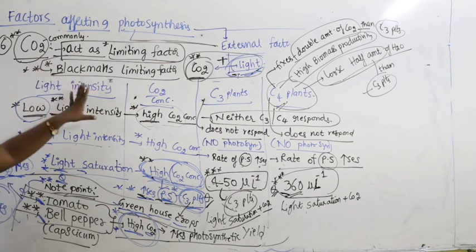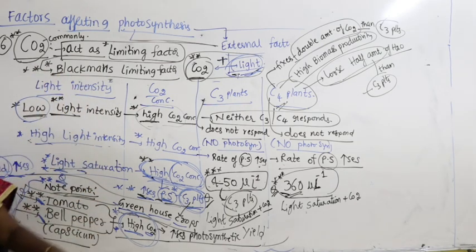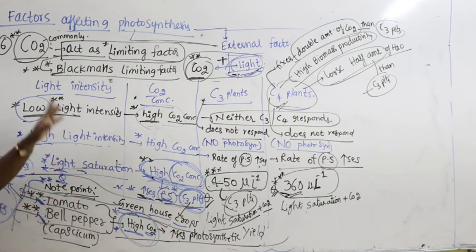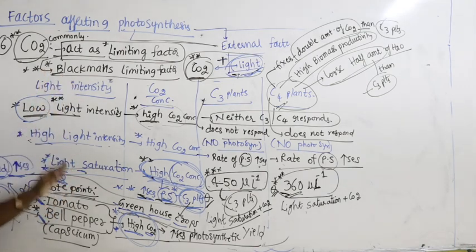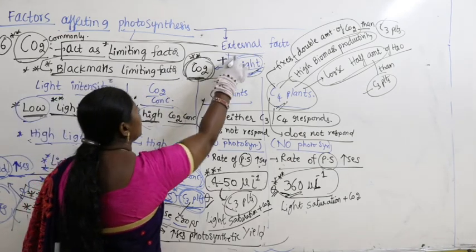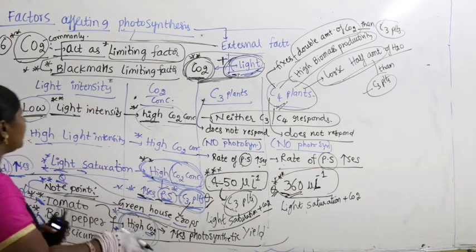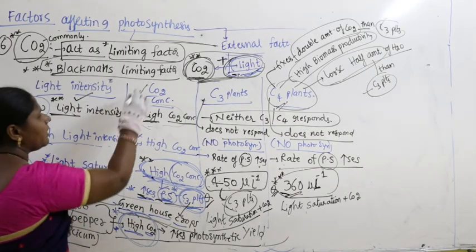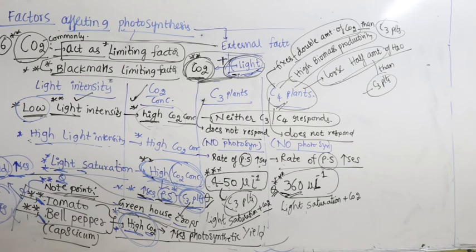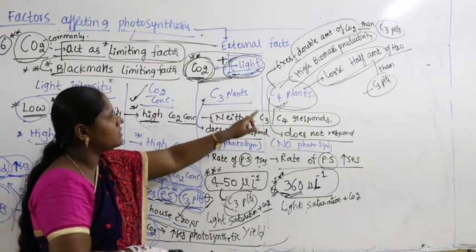We have to discuss this under external factors, but it is a very important concept. After we discuss internal factors, we will come back to external factors. So, who is the scientist? Blackman. Try to remember Blackman. But always remember carbon dioxide in coordination with light are the two supremely important factors. That is why we have taken light intensity and carbon dioxide as the major factors which govern the process of photosynthesis in C3 plants and C4 plants.